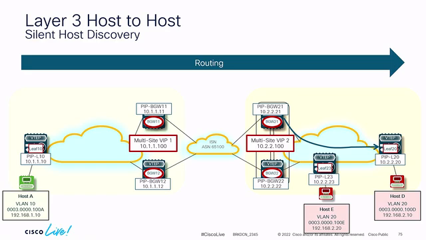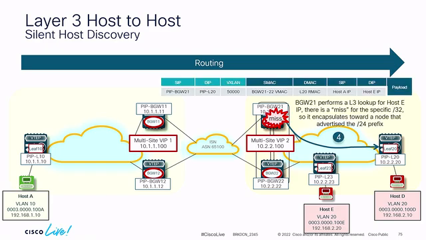Now leaf 1 gets the packet. He doesn't have the 2.20 locally defined, and I made a mistake on this animation. The local VTEP doesn't have the /32 for that host. He has only the /24 and the /32 for the local host. So what happens is there is a miss.